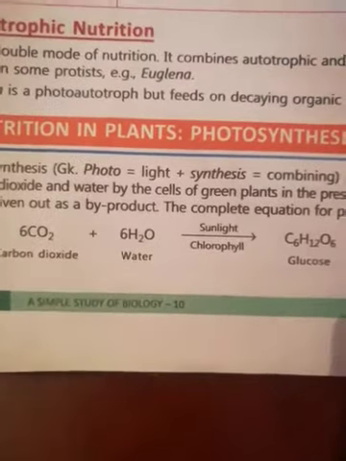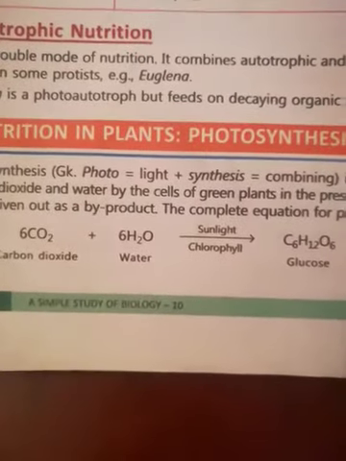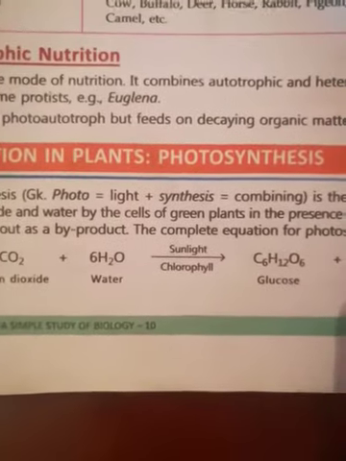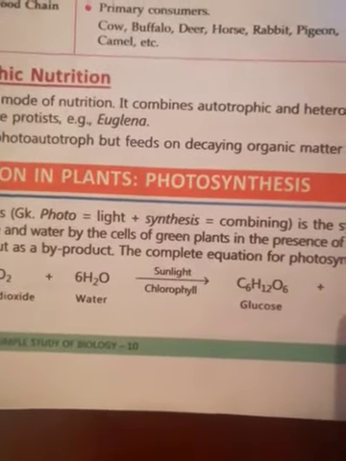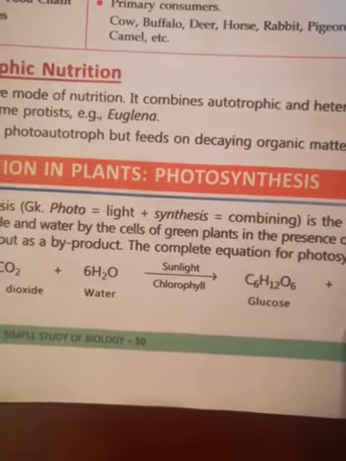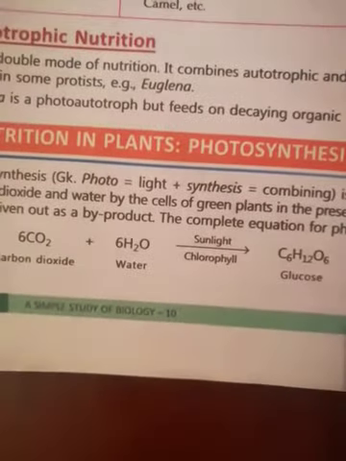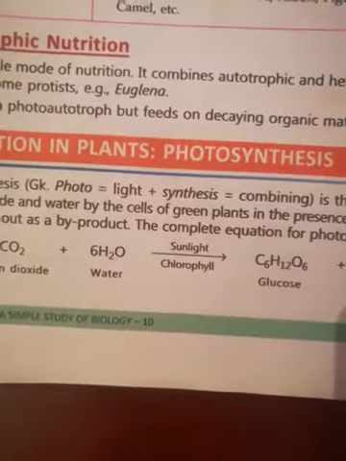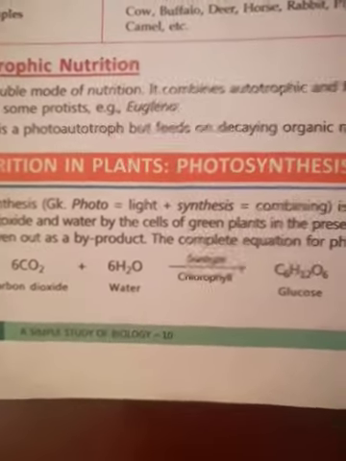With the help of that chemical energy, they prepare their own food with raw materials such as carbon dioxide and water, in presence of chlorophyll, and make simple sugar, that is glucose or starch.